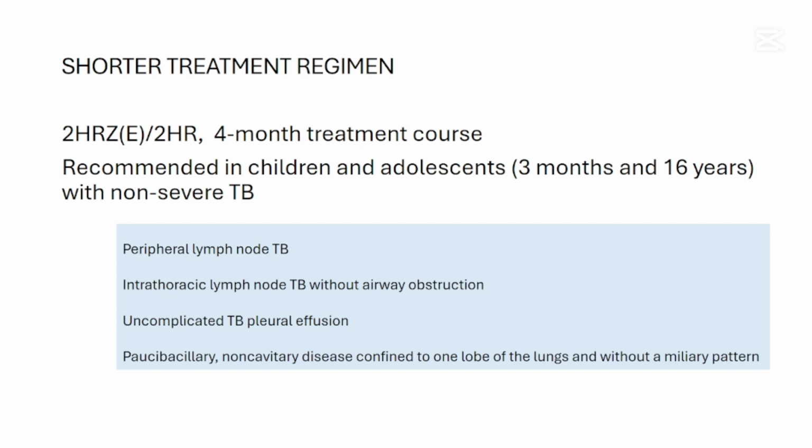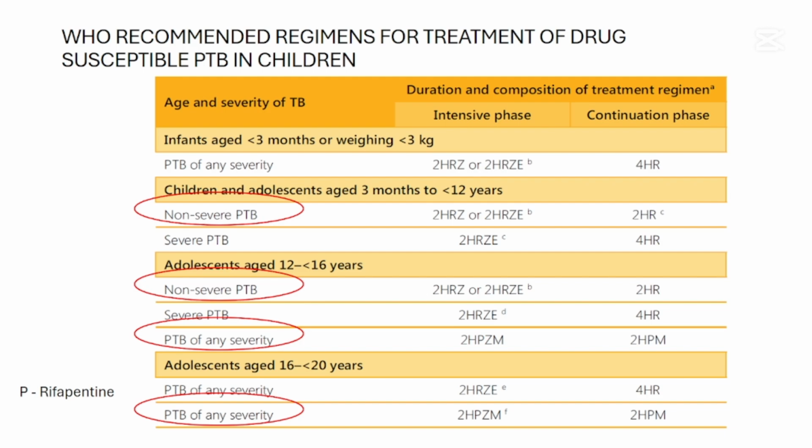If it is non-severe TB, then we can use the 4-month regimen. Non-severe TB means peripheral lymph node TB or intrathoracic lymph node TB without airway obstruction, or uncomplicated TB pleural effusion, or paucibacillary non-cavitatory disease confined to one lobe of the lung without a miliary pattern.